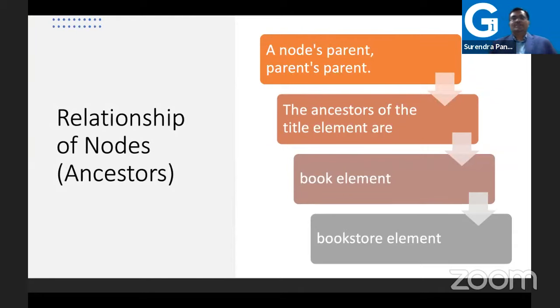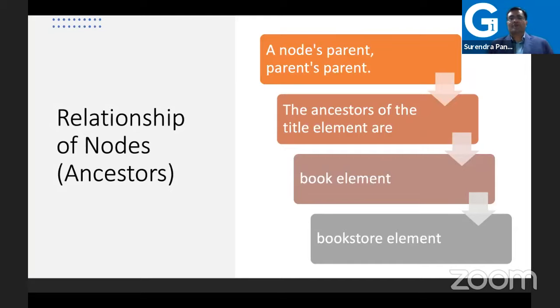Relationship of the ancestor. A node's parent is an ancestor. Bookstore is an ancestor of the book. Book is an ancestor for its child nodes like title and so on. So we also say the node's parent is an ancestor.